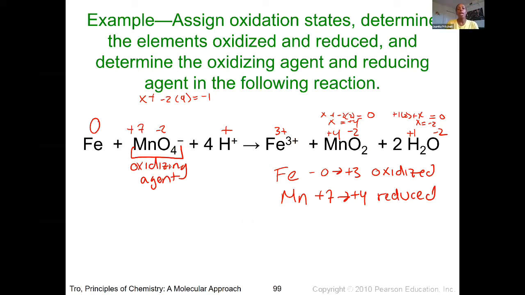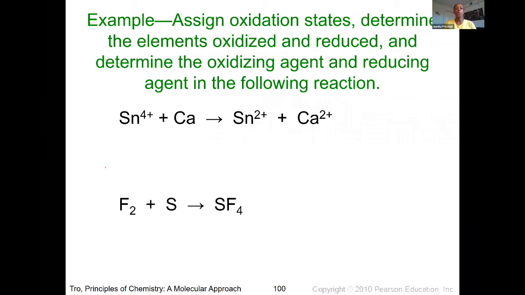And then similarly, iron allowed manganese to become reduced. And so iron works as the reducing agent. Make sure when you're assigning the agent, you always declare the entire reactant that allowed that to happen. It'll be opposite to whatever you've assigned as being oxidized and reduced. But again, the entire reactant.